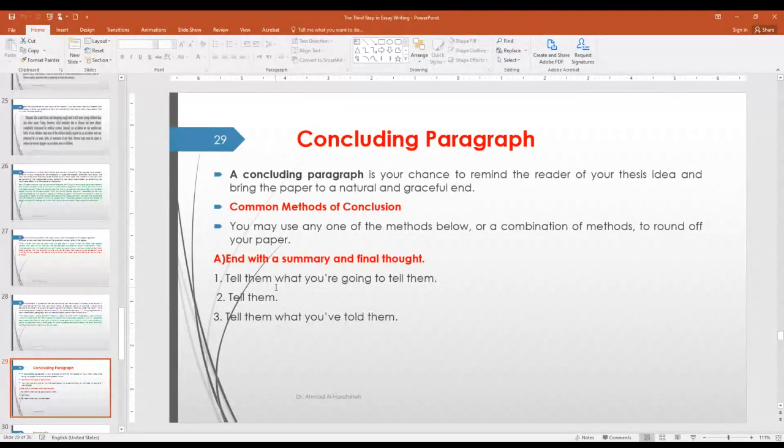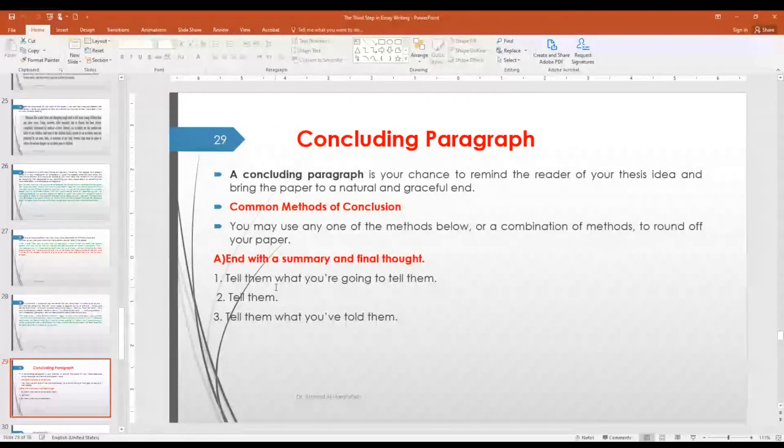We will talk about the types of the concluding paragraph now. There are common methods of writing the conclusion. You may use any one of the methods below, or a combination of methods, to round off, close, or end your paper.